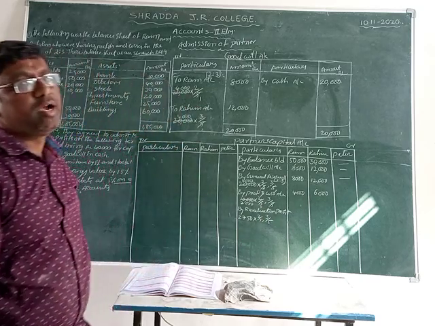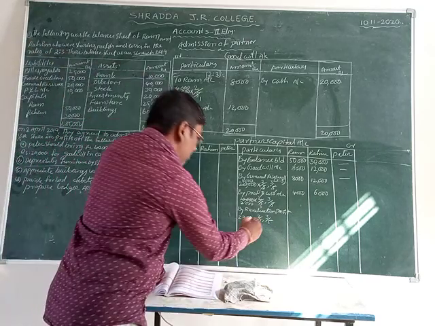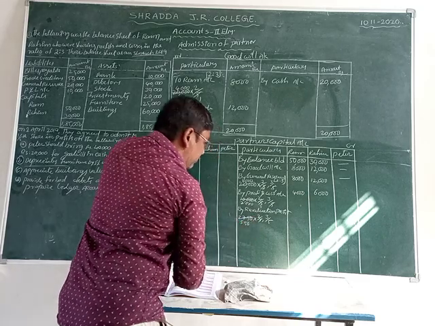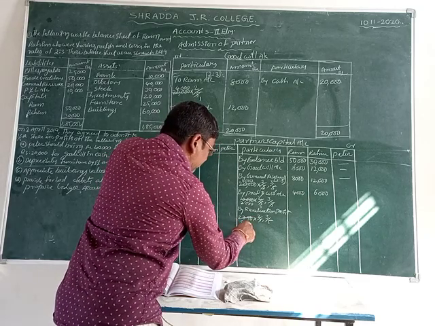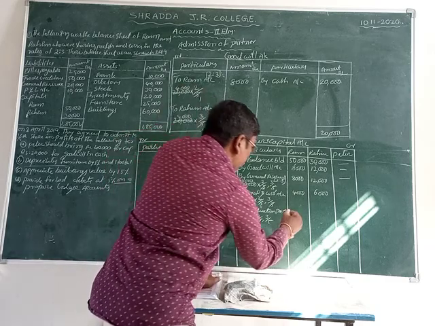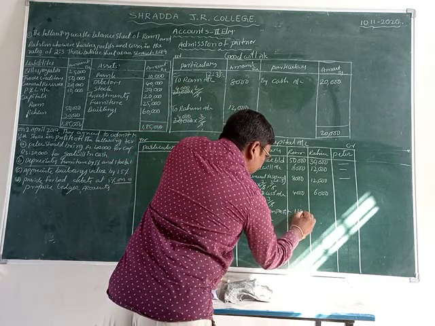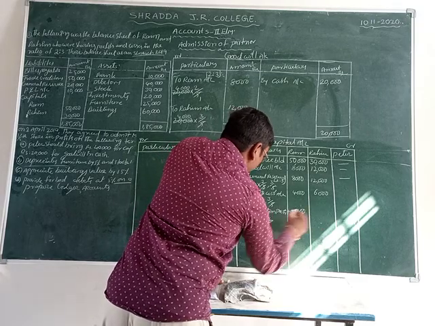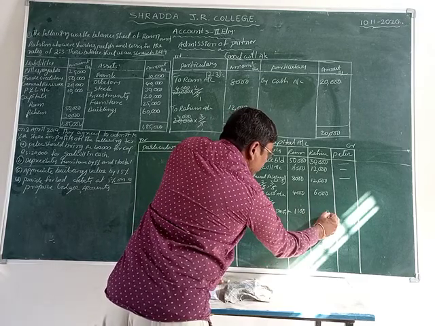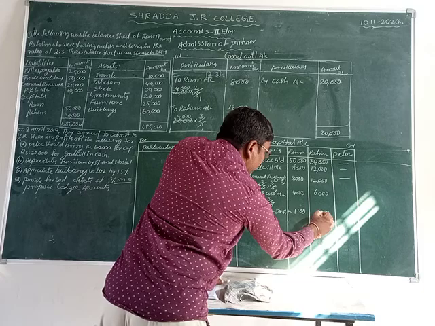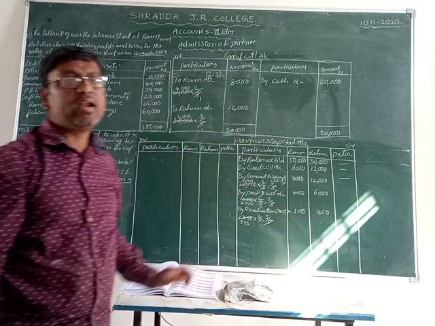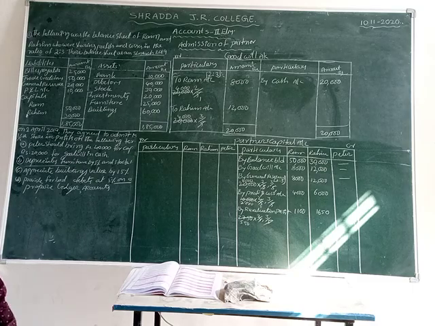That is also distributed. Okay now, 5 ones are 5, 5 fives are 25, 5 fives are 0. That is 550. 550 into 2 is 1,100. 550 into 3 is 1,650. So 1,100 and 1,650 is the revaluation profit.